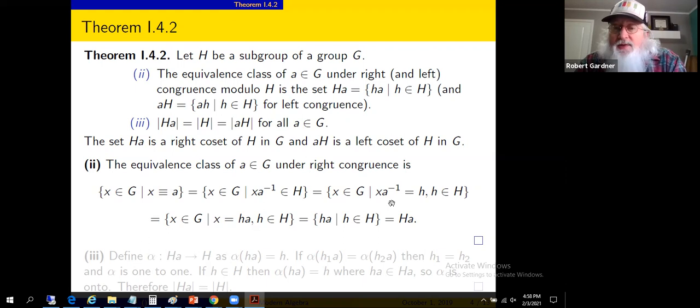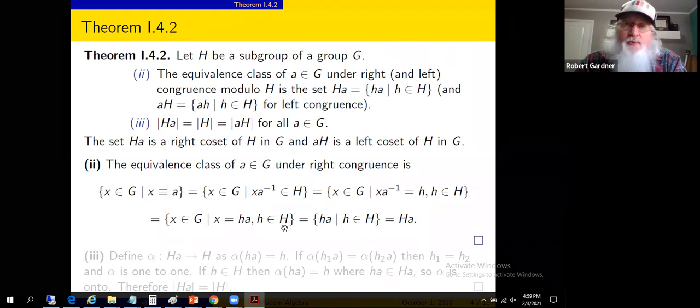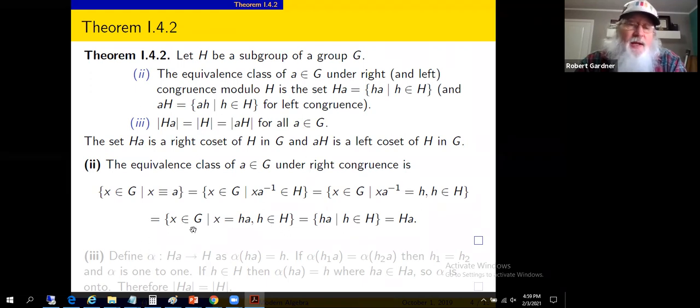Now I can look at this little equality, xa inverse equals h, and rewrite it as x equals ha, multiplying both sides on the right by a and simplifying. So we get x equals ha as h ranges over subgroup H. We're taking all x in G of that form, and that's exactly what we claimed.